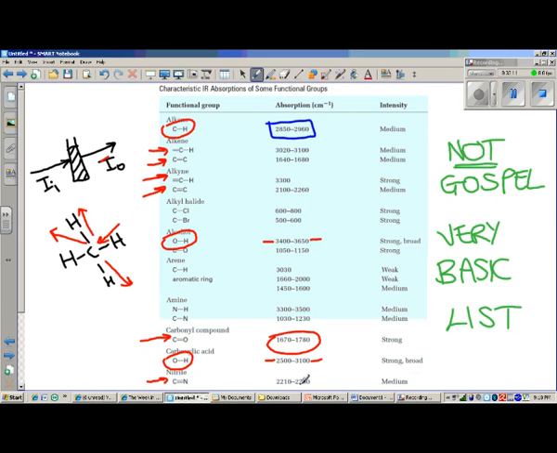Well, when we go here above 3000, that would be too strong and broad. Above 3000, that's too far above 3000. No, above 3000, okay. And then above 3000 too. All right. So what we have is a situation where we could have alkene double bonds, or maybe aromatic double bonds.